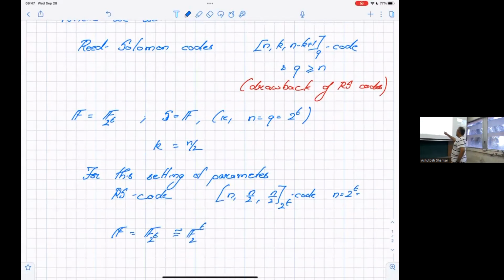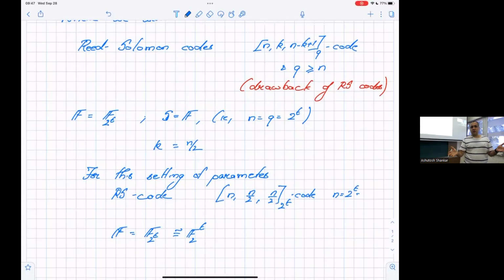Of course, we know that there's an isomorphism between this and F_2^t. So we have a collection of codewords of block length n, with each symbol coming from an alphabet of size 2^t. Instead of writing it as a large alphabet, you can write each symbol as a t-bit string.